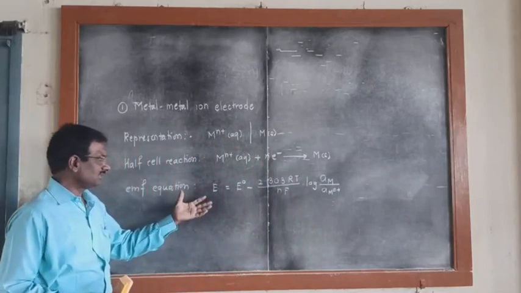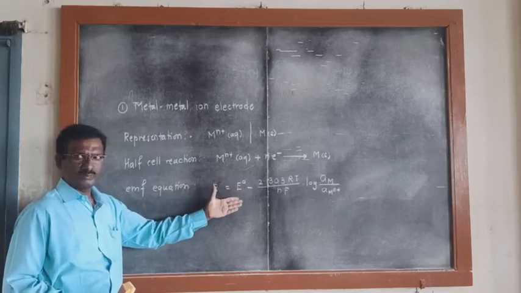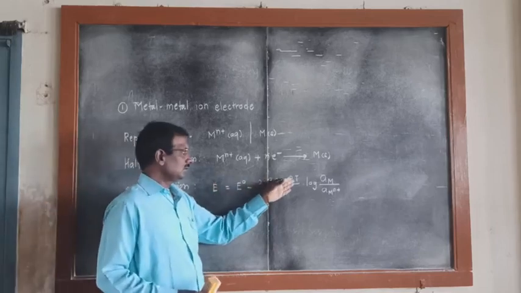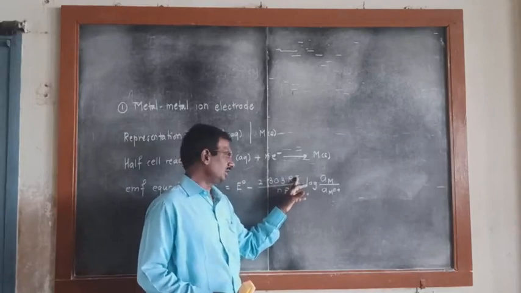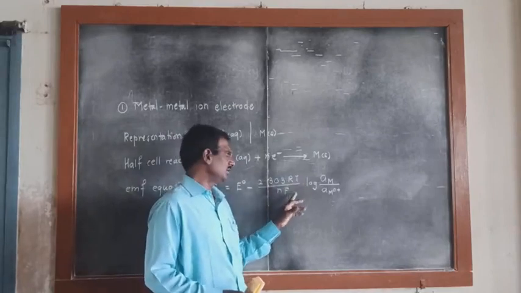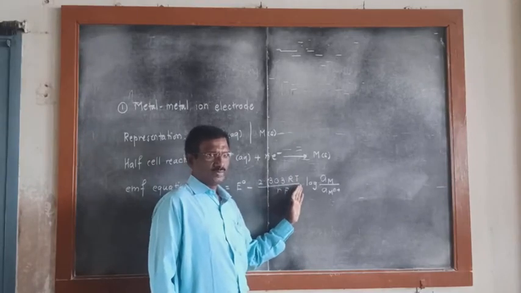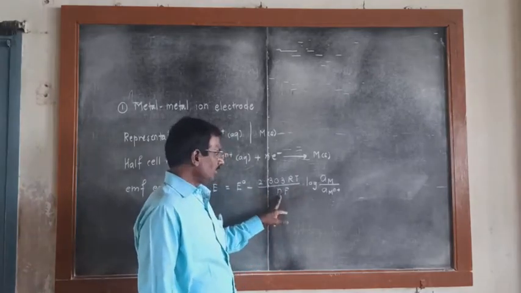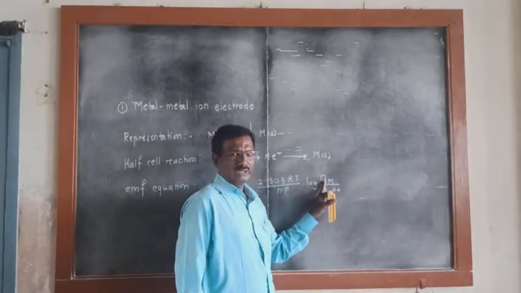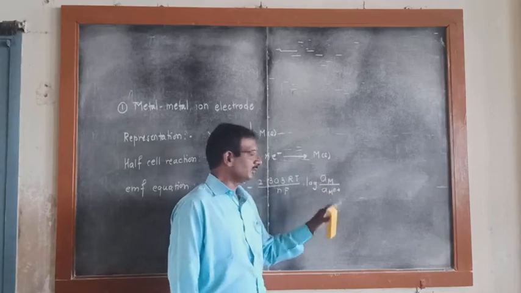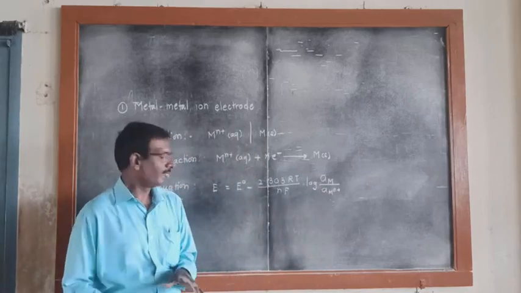This is Nernst equation. E is electrode potential of metal, E0 is standard electrode potential of metal. R is gas constant, T is absolute temperature or temperature in Kelvin. F is Faraday, near about 96500, and n is number of electrons. Here aM is activity of metal, and aMn+ is the activity of metal ions in the solution.